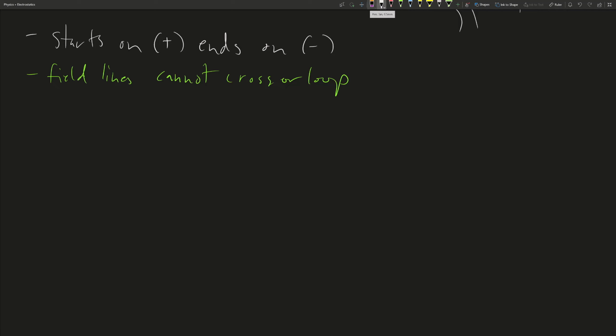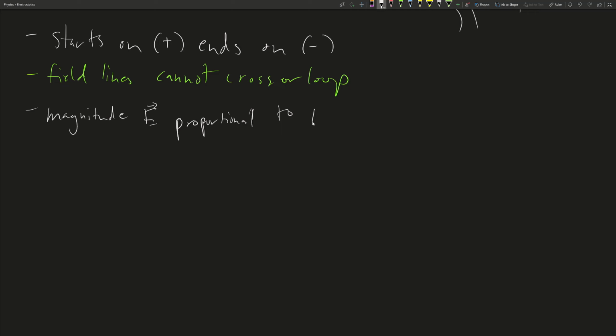Okay. Another thing about field lines is that the magnitude of the electric field represented by the field lines is proportional to the number of field lines per unit of cross-sectional area perpendicular to those lines.